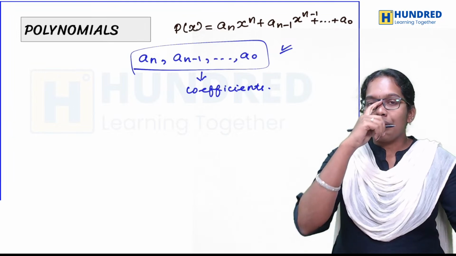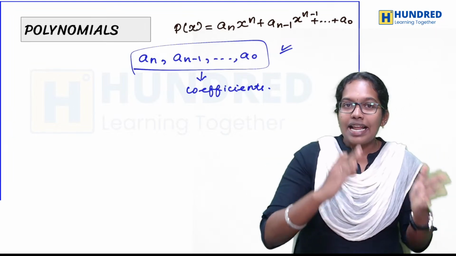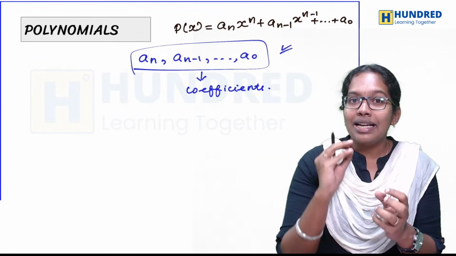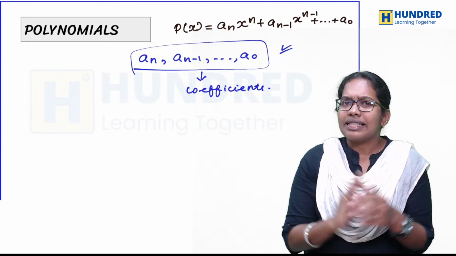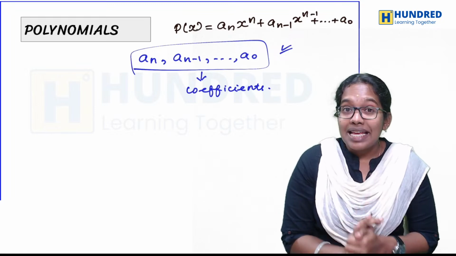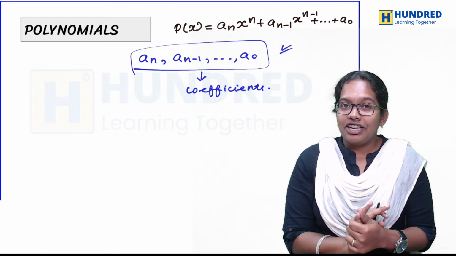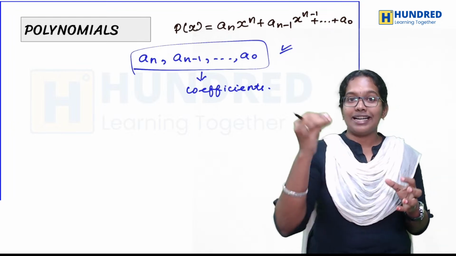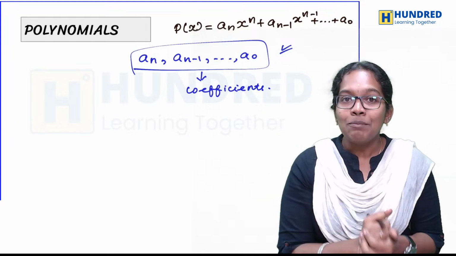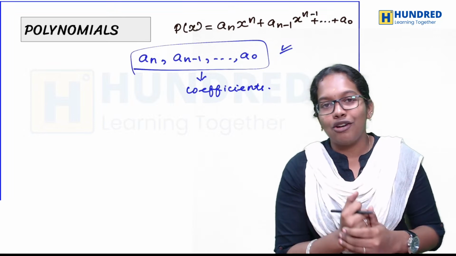So here, x power n plus a n minus 1 x power n minus 1 goes on till a naught. This is the general form, and what we need to know here is that when you substitute n is equal to 1, n is equal to 2, n is equal to 3, you will be getting the types of polynomial.